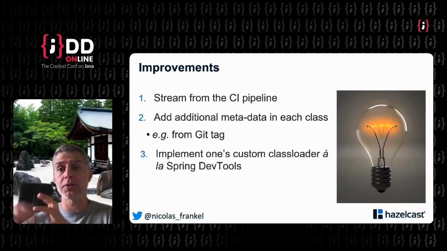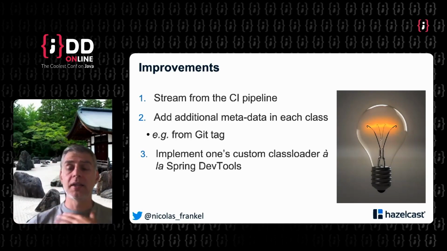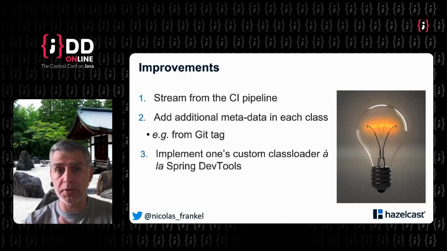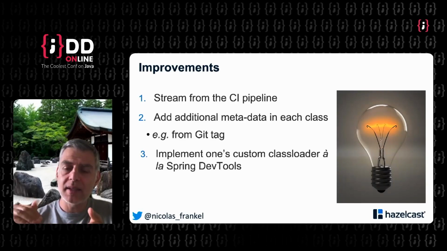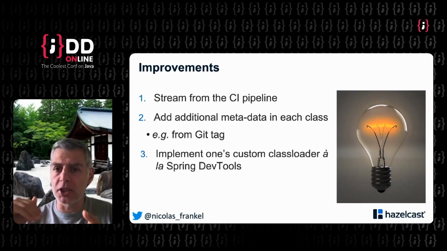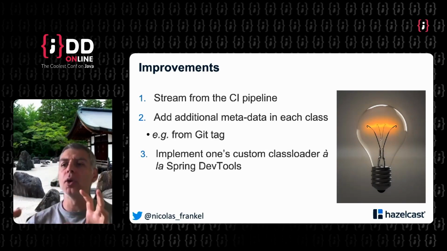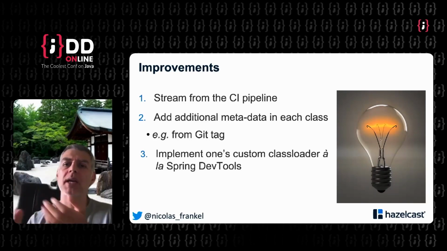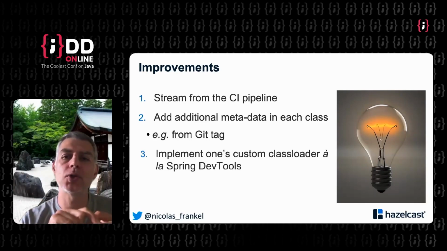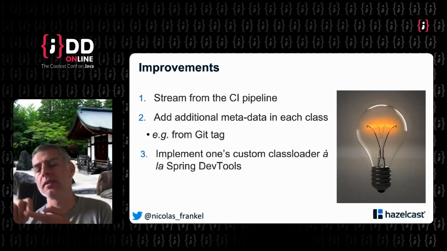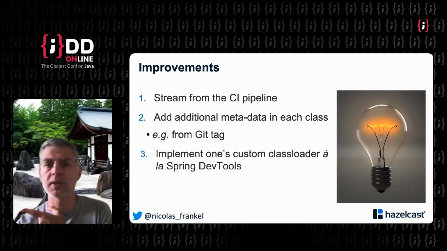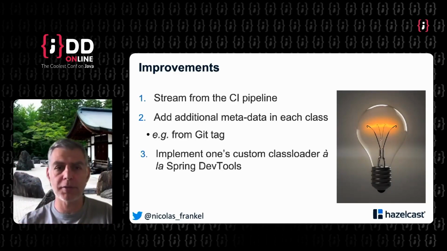So I could have a source folder in the CI job and check the changes from there instead of from my machine. Or I could also add additional metadata in each class. For example, I could have a git tag, so perhaps I wouldn't know which exact version I have in production, but I would know that this class is version 1.2.3 and this class is version 1.2.5 and this kind of stuff.